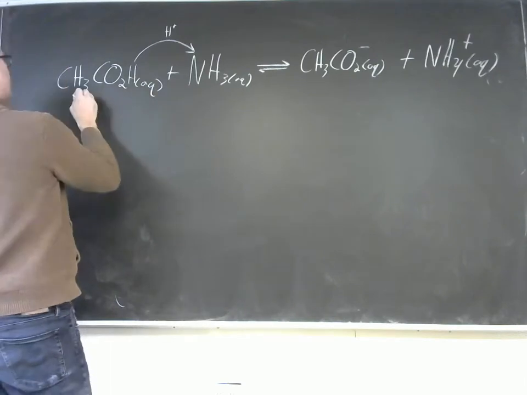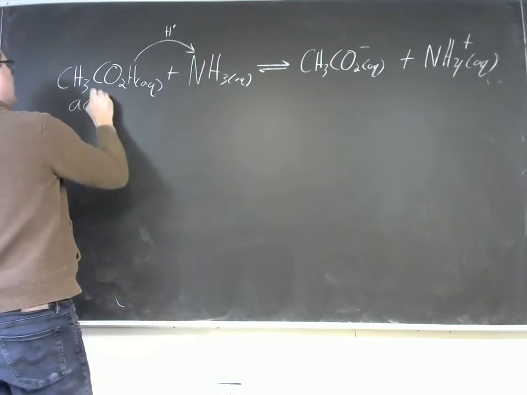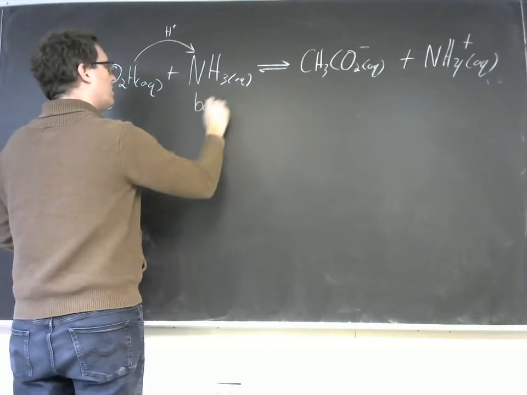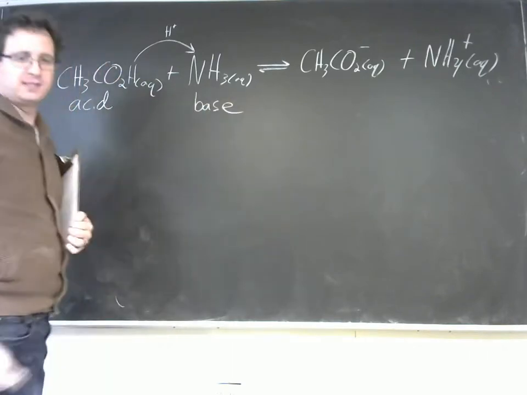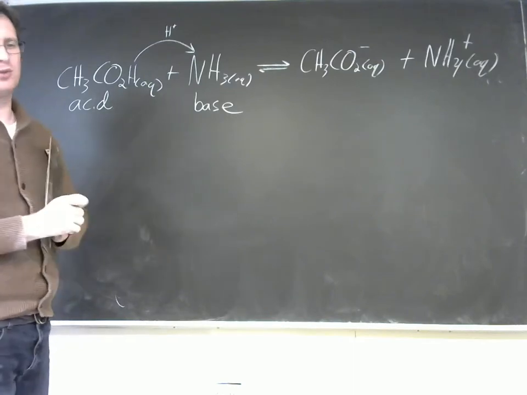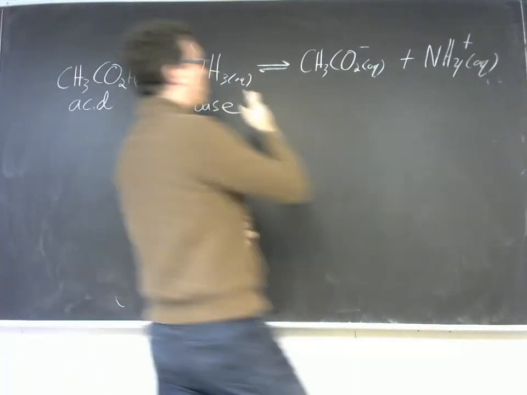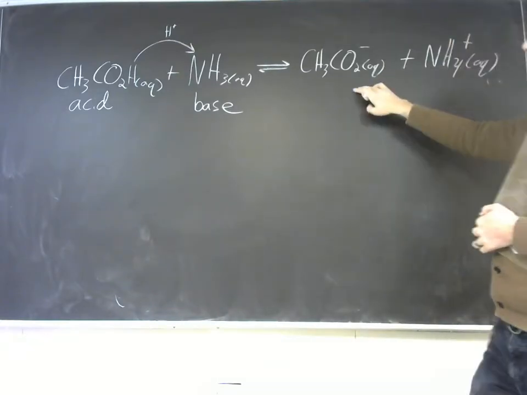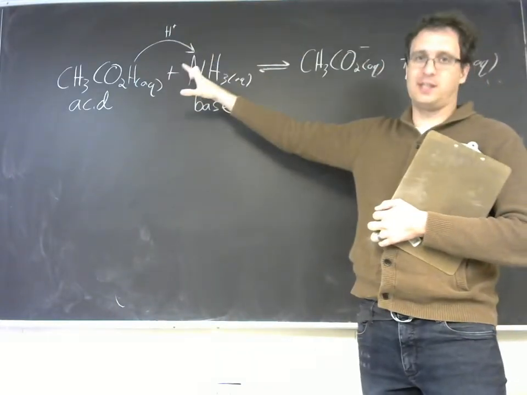That makes acetic acid an acid and ammonia a base. But because this is an equilibrium reaction, we can also look at the reverse process, when we start with ammonium and acetate and generate acetic acid and ammonia.